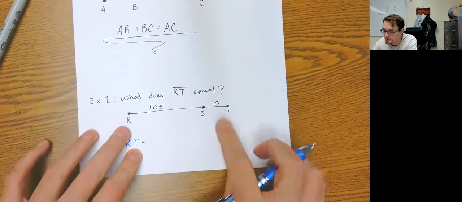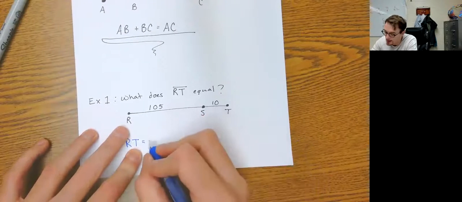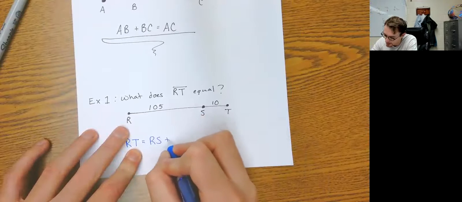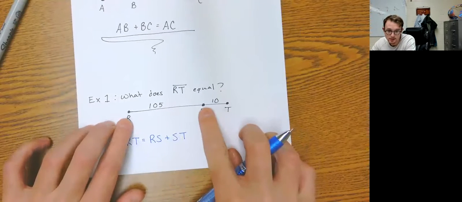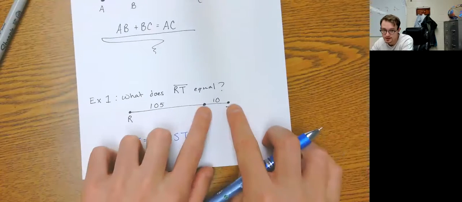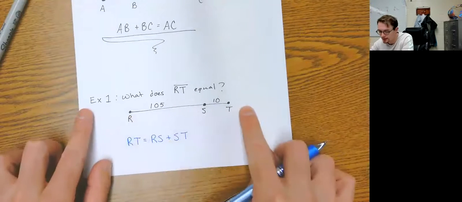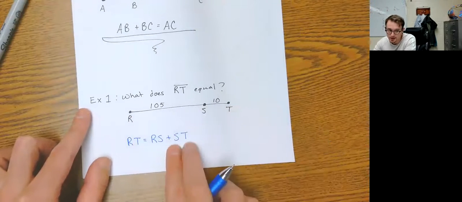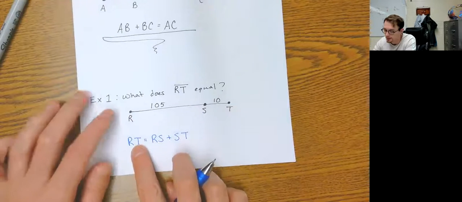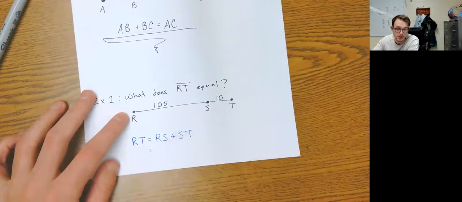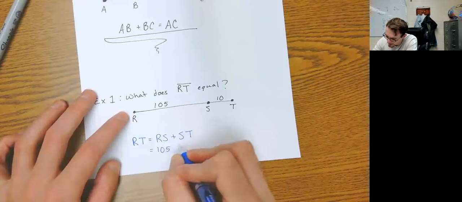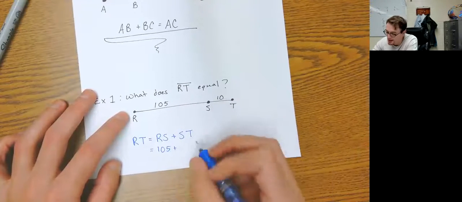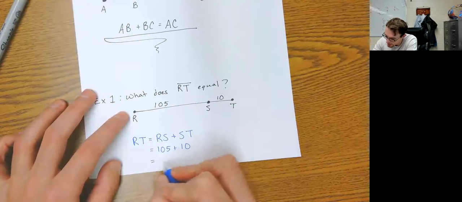Well, I know it's equal to RS plus ST, because RS, this little chunk, plus this little chunk make the whole thing. So by using the segment addition postulate, I can add the 2 little pieces to be the big thing. Then I can use substitution. What is RS? RS is 105. What is ST? 10.